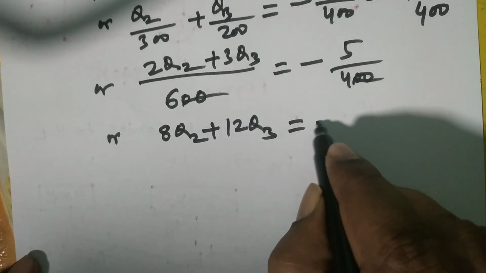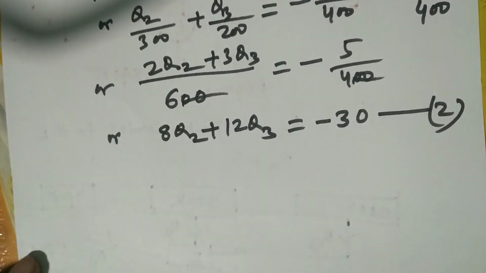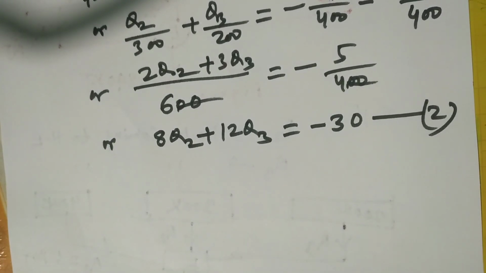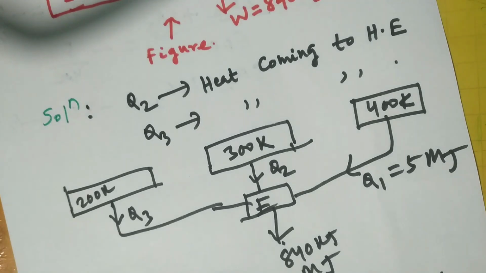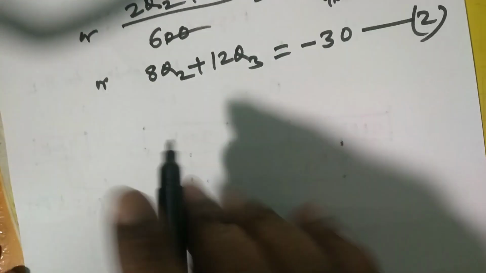This becomes minus 30. So this is equation 2. Now we have two equations and two unknowns. The first equation is Q2 plus Q3 is this much, and 8Q2 plus 12Q3 is minus 30.